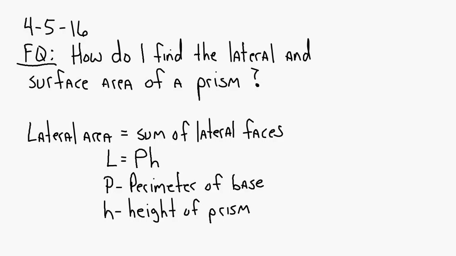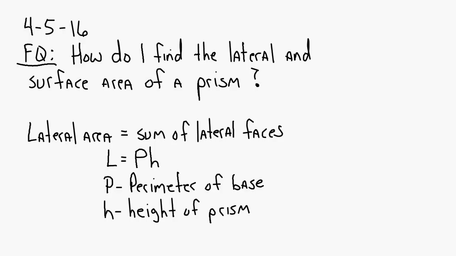Okay, if you picture this classroom as a prism, the floor and the ceiling would be the bases. All right, the bases of a solid prism are the parallel faces. Okay, the floor is parallel to the ceiling. So those two shapes are the bases.